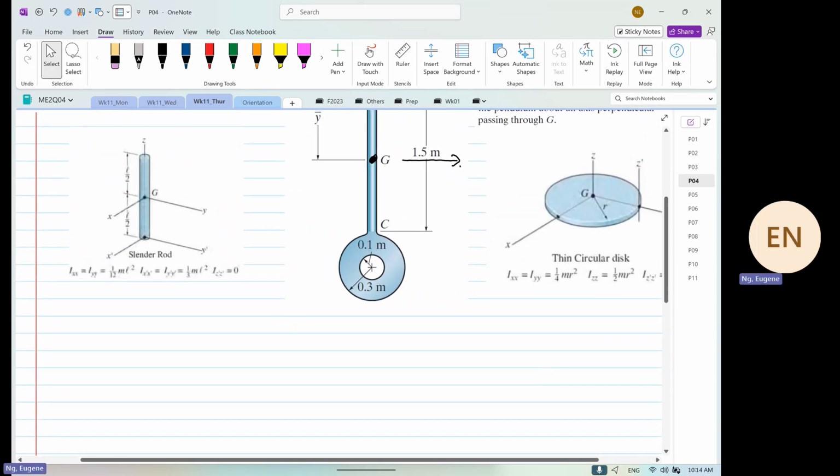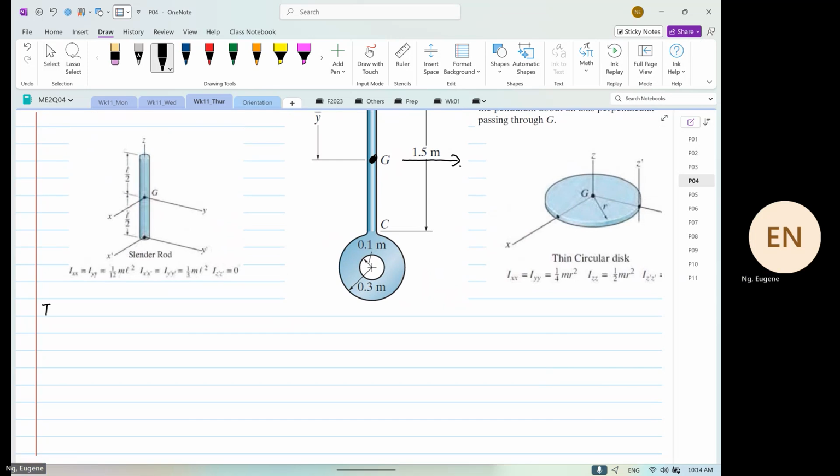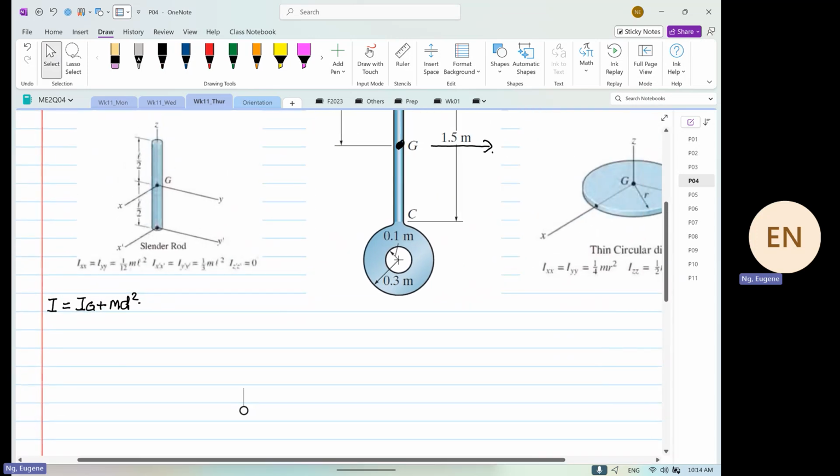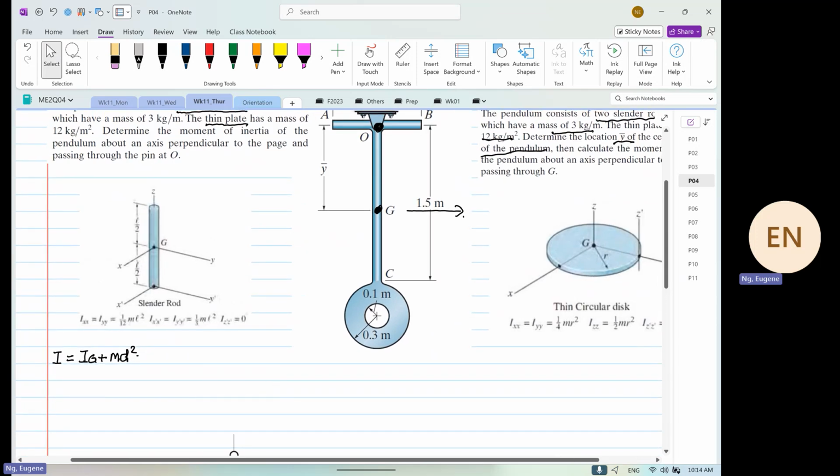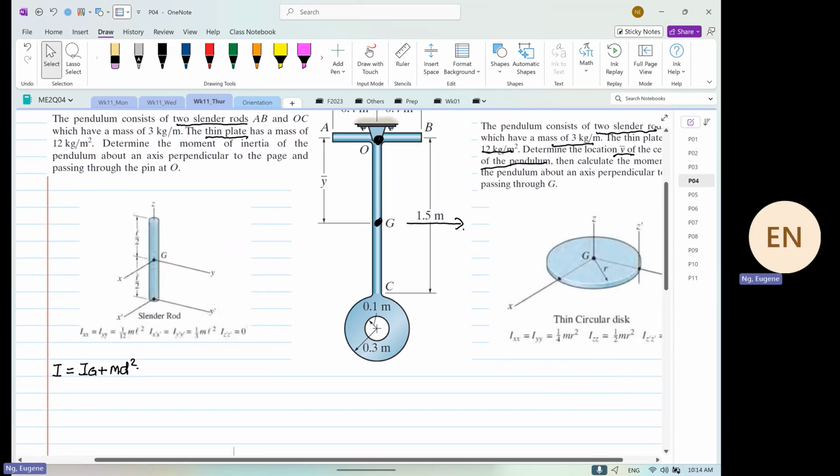The formula that we're going to use will be I is equal to I_G plus m d squared. Okay, these are the formula that we're going to use. Everything we do over here, we need mass.